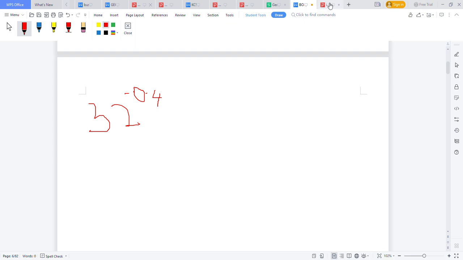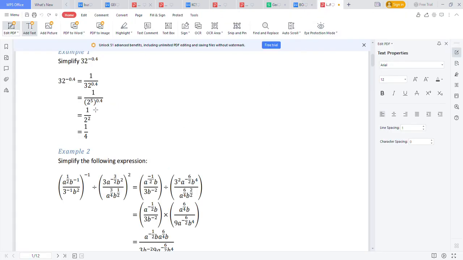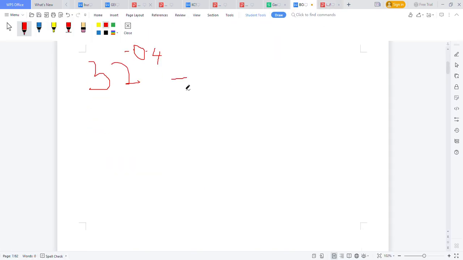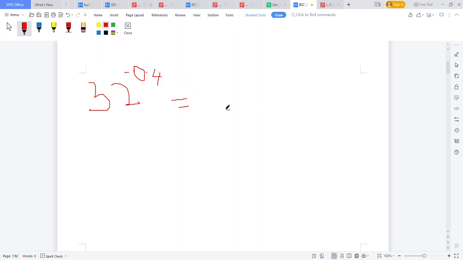The calculation is already done, but I need you to understand what is happening here. This one is very simple. Why do I say it is simple? The first thing, we said for us to remove this negative, we simply get the reciprocal of that particular number.